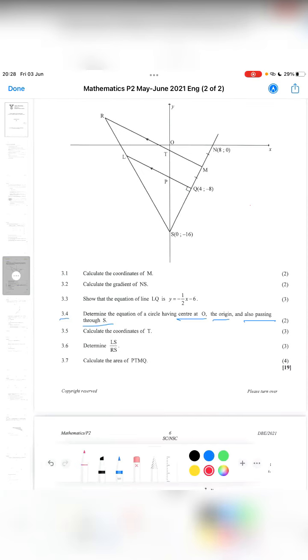So what is the formula or the general equation of a circle? For example, the formula for a straight line is mx plus c. But what is it for a circle?